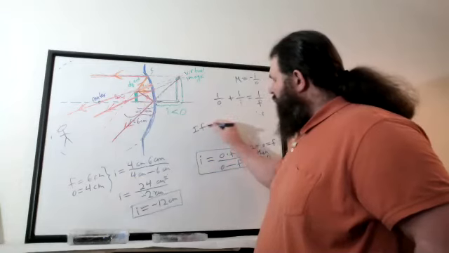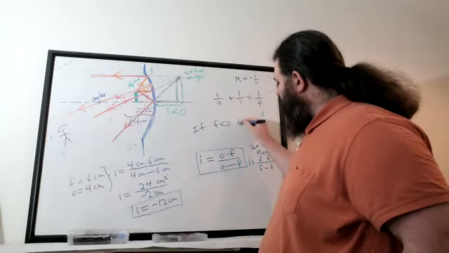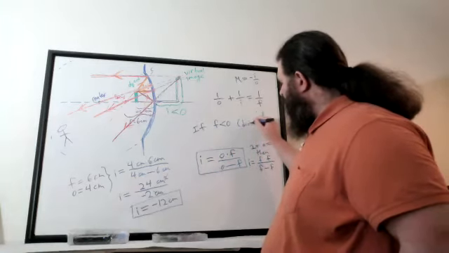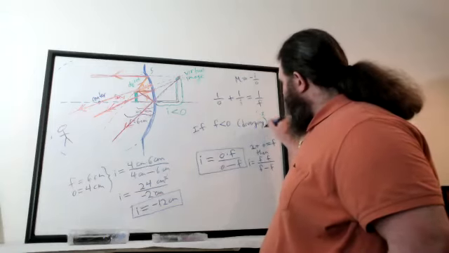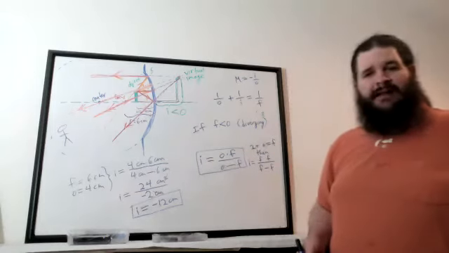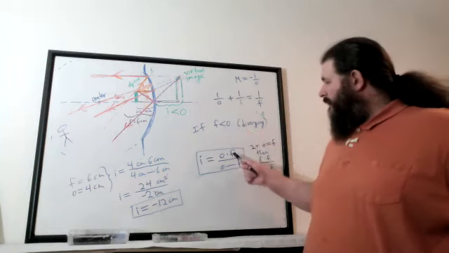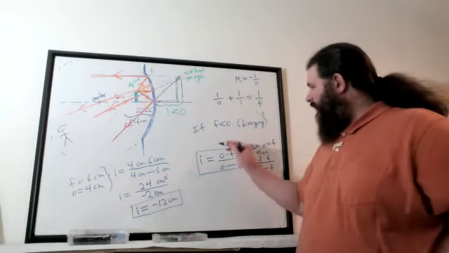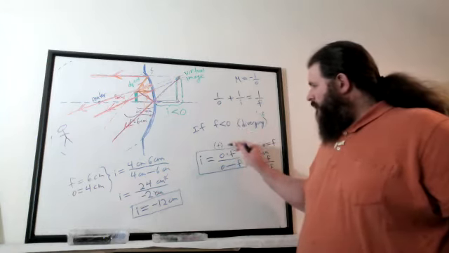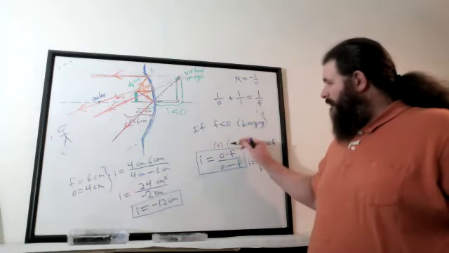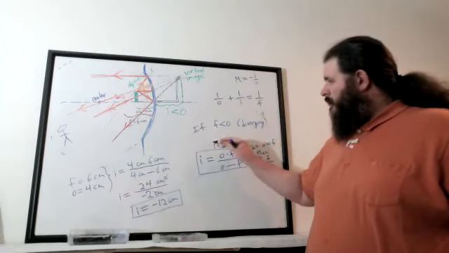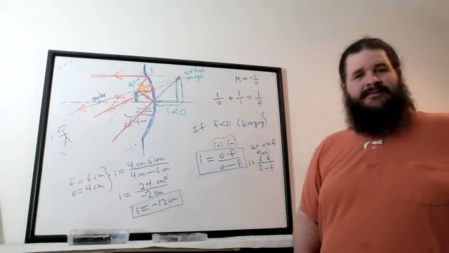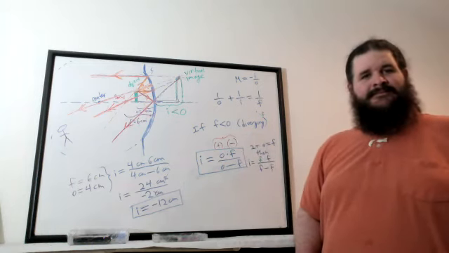If F is negative, though, in other words, if we've got a diverging mirror, which in this case would be convex in shape, we've got a positive for O, but a negative for F. What's positive times negative going to be? Negative.